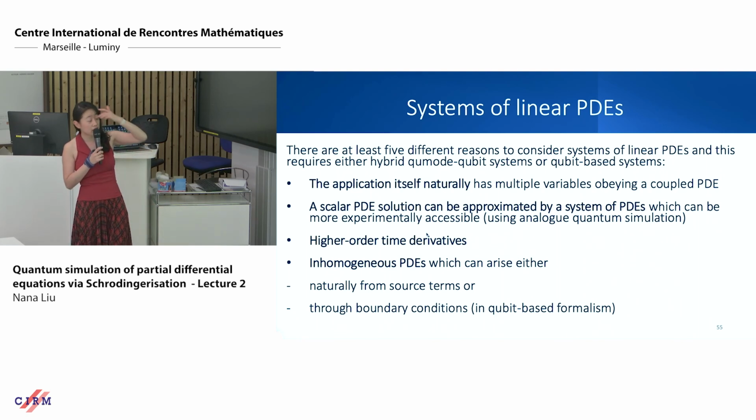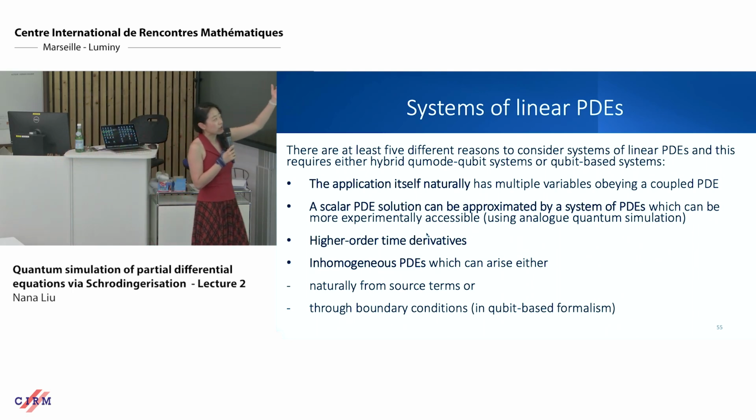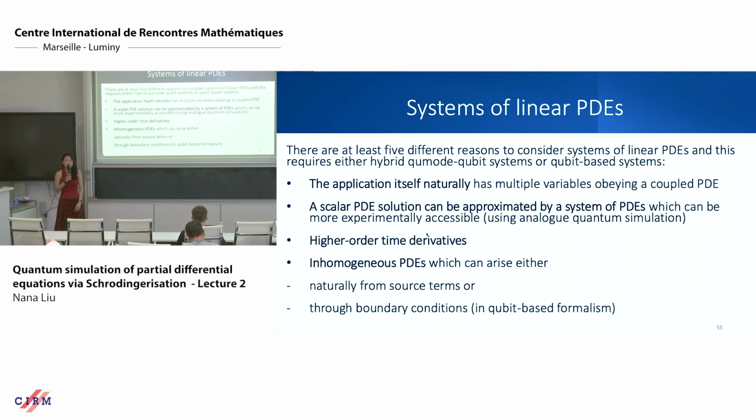But if we are able to approximate it by a system of PDEs where the derivatives are now lower order, then it's more easily simulable. And if we're dealing with higher order time derivatives here, then we can also transform this into a system of PDEs.